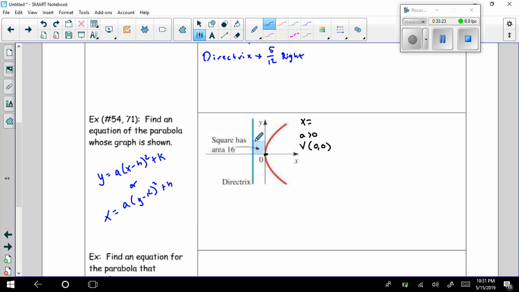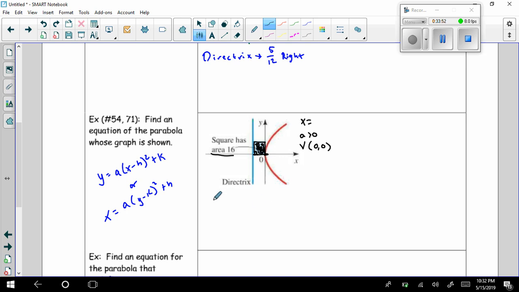So if you remember earlier, I talked about how your vertex and that axis of symmetry is perpendicular to the directrix. So we're able to then have this square region down here. And this one tells us the area of the square is 16. So the space inside the square here is 16.